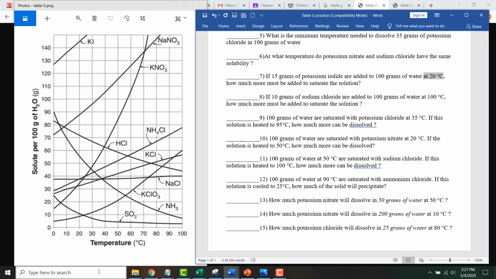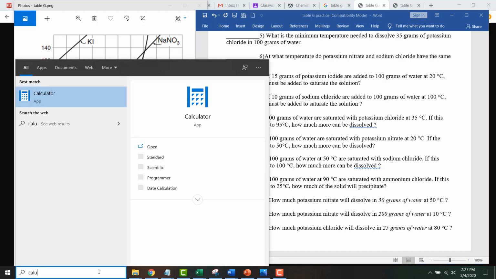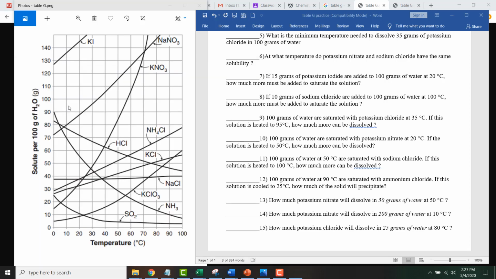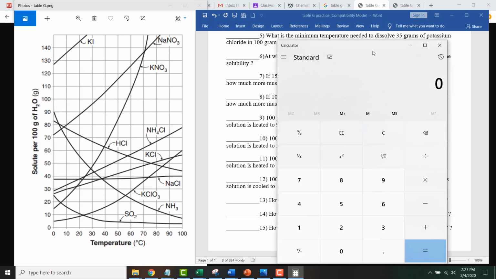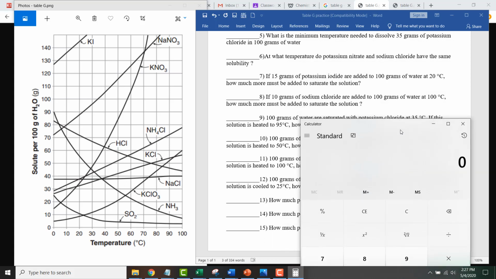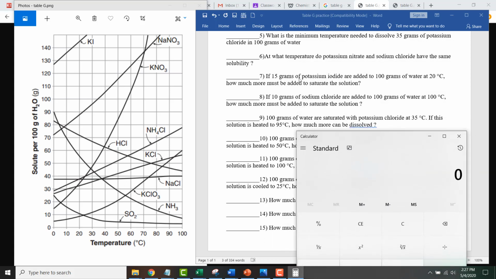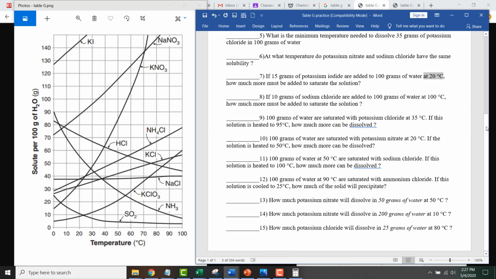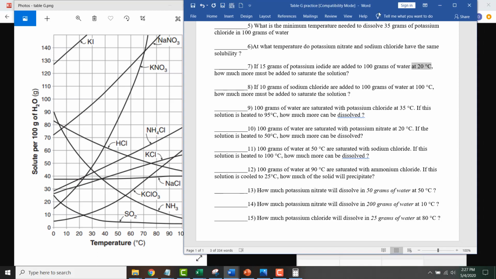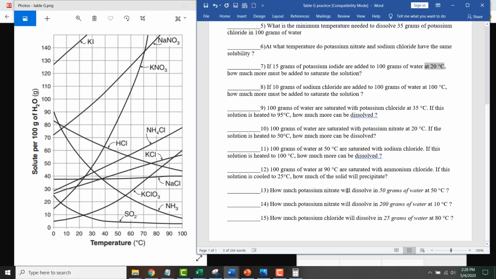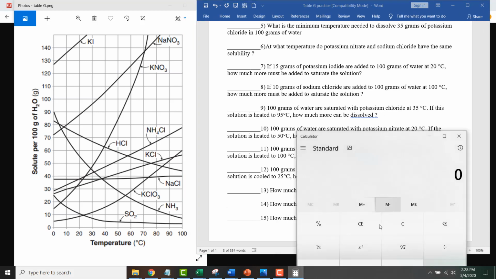Okay, so if we bring up a calculator, I'm just going to type this in, move this out of the way a little bit. Scroll up our question. I know that at, again, 145, so there's our number there. I have 145 that I can dissolve.